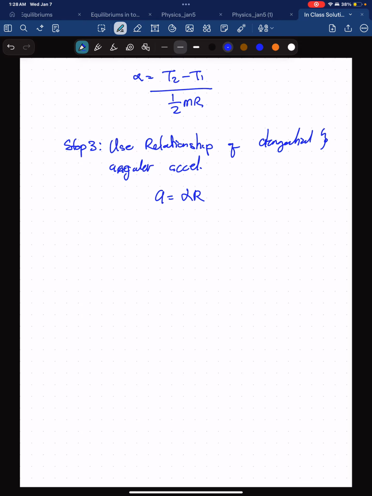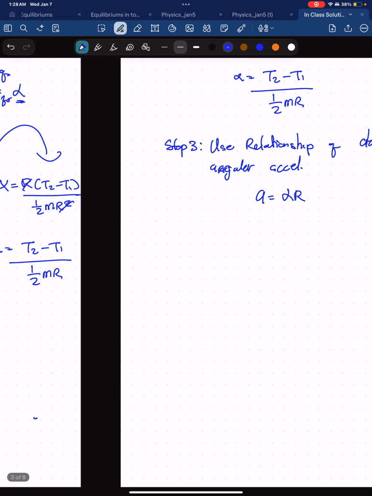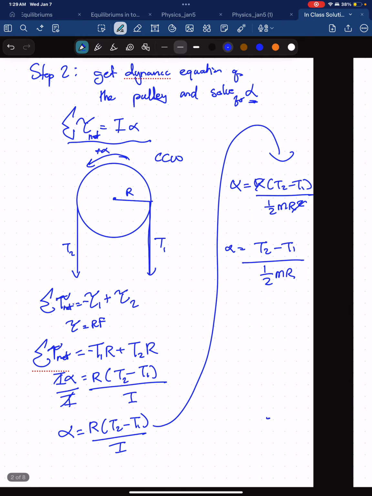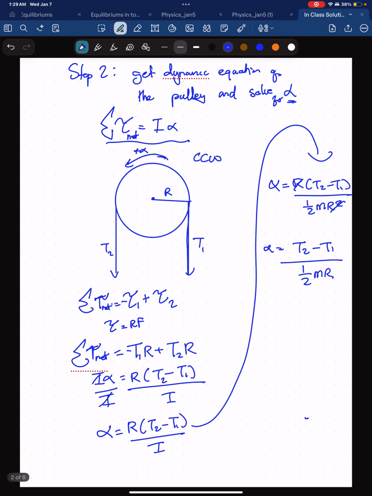Now this alpha, we have to think about the direction our pulley is rotating in. All right, and the direction it's rotating in is the clockwise direction. All right, but our convention, we've set it as alpha is moving in a counterclockwise direction positively.